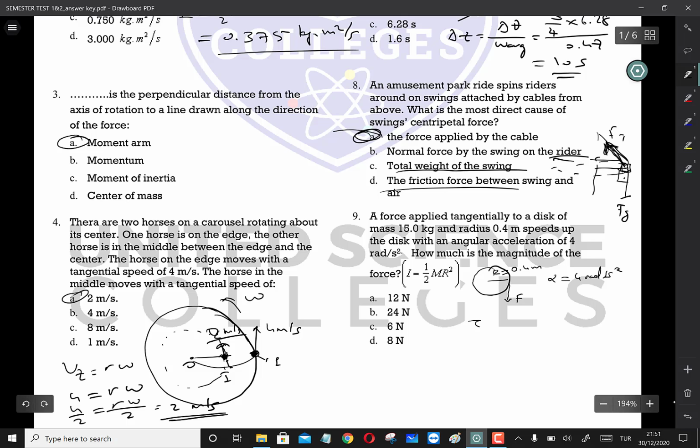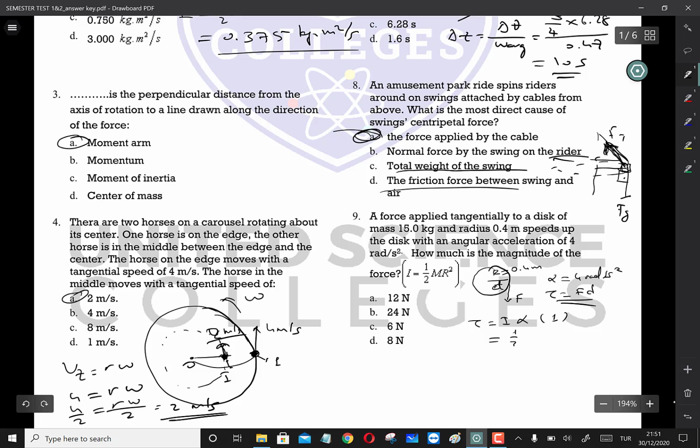We know that torque is equal to I times alpha, and moment of inertia is given, and torque can also be calculated from the definition of torque, which is F times d. First, let's get torque by using Newton's second law for rotation.